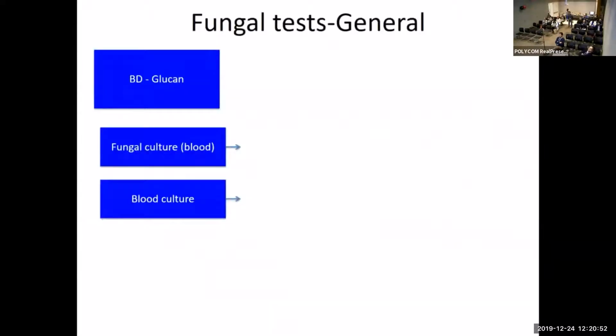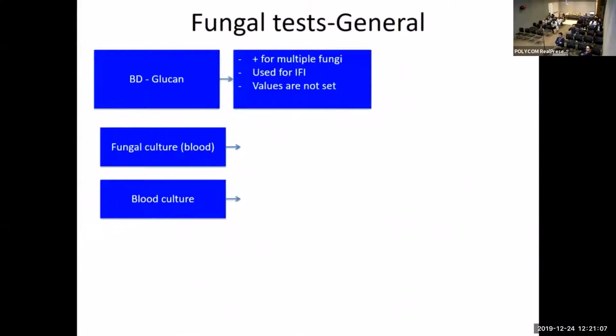Just to do a general, really quick overview of fungal testing. These are usually the three tests that we send here in the hospital. Beta-glucan, also called Fungitell by the commercial name. The beta-glucan is just a part of the wall of the fungi. It's positive for multiple fungi. It's usually used for invasive fungal infections, guys.